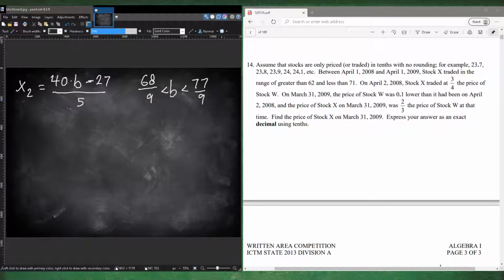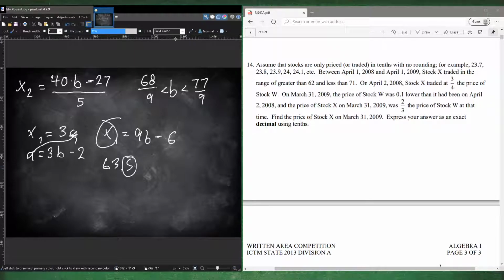Our x1 is equal to 3a, and our a is equal to 3b minus 2. So technically, plugging a in, x1 is 9b minus 6. So for this to be in the tenths, like let's say 63.5, and not like 63.56, that means b has to only be in the tenths also. So we could just find out some numbers for b.